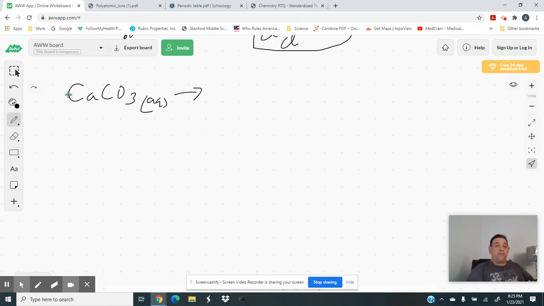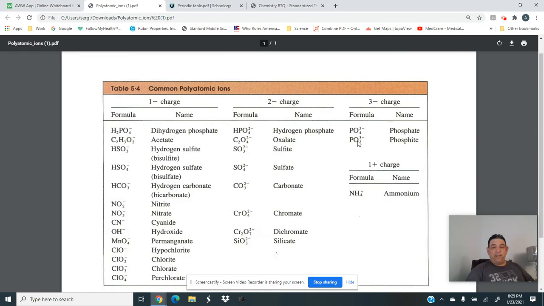Usually the first element is a metal, and the metals are usually not part of the polyatomic ions, although there are exceptions, like permanganate. But usually the first element is a metal and the rest is a polyatomic ion. You'll recall that we learned about polyatomic ions, and I told you it was going to be important to learn them because they're ubiquitous.